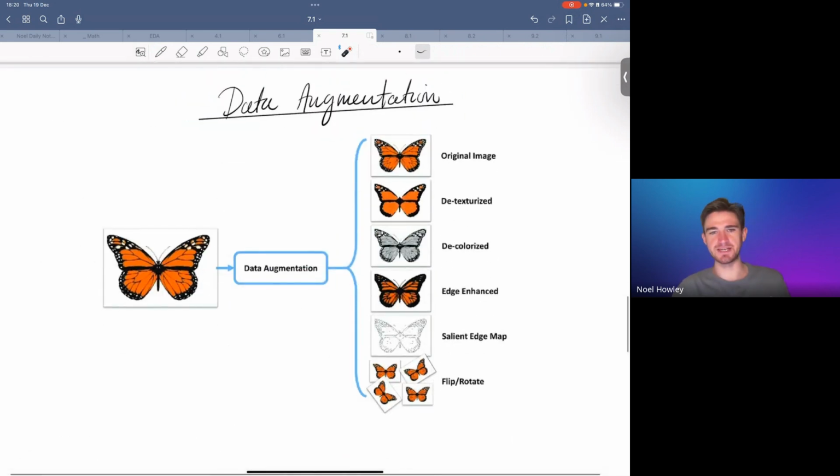Now, data augmentation. I'd like to introduce you to this because when you're dealing with images, it's not often that you have a lot of sample data to build your network from. It's quite common that it's very hard to get a hold of this data, especially if we're dealing with a network trying to classify different types of medical imagery, such as cancers, or you're interested in doing some sort of security protection.